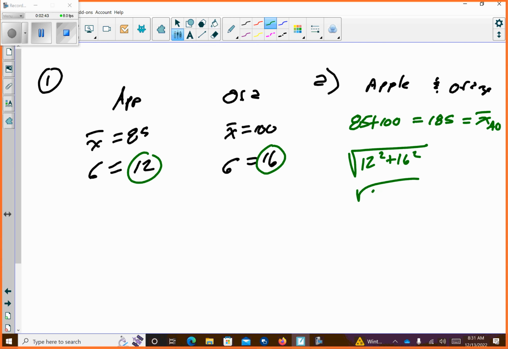Does this come to 400? So it comes out, square root of 400 is 20, right? So the big thing to remember is that this will be the standard deviation of apple and orange.